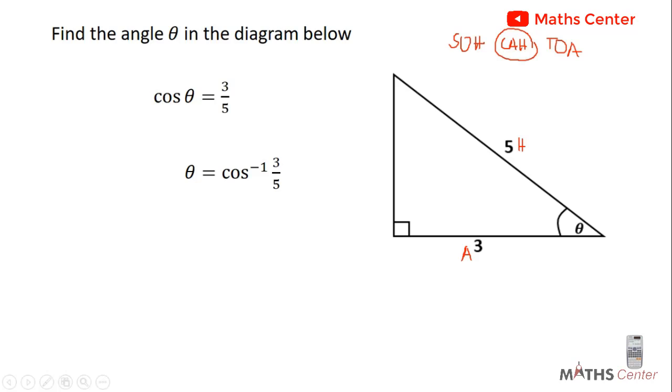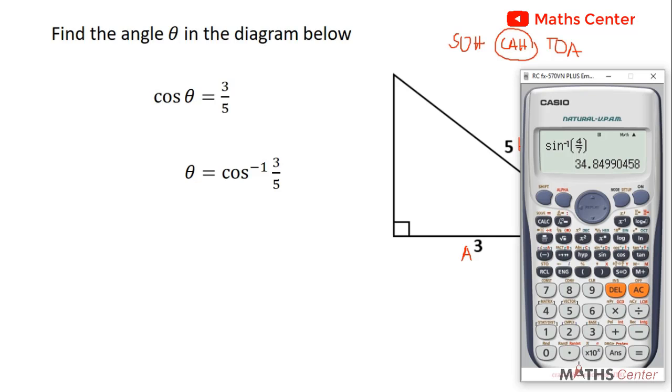Just as we did when we were finding sine inverse, you are going to do the same thing with cos inverse. So here, you switch on your calculator, you press on shift, you press on cos to get cos inverse. Then you enter the fraction, 3 divided by 5, you close the bracket, equal to.